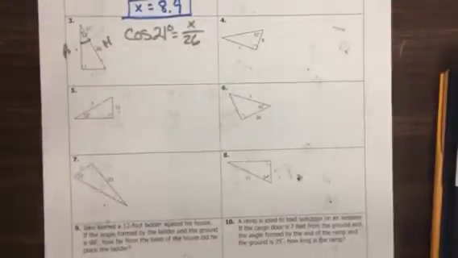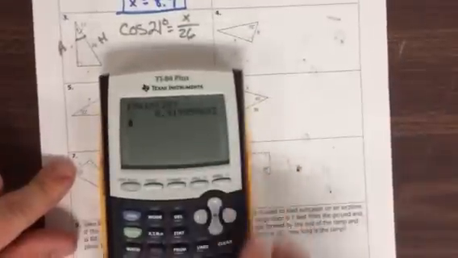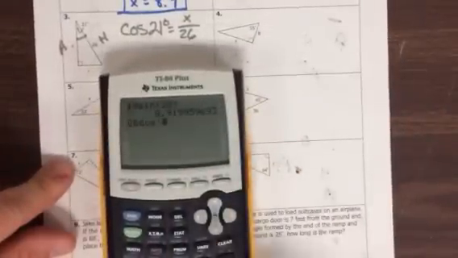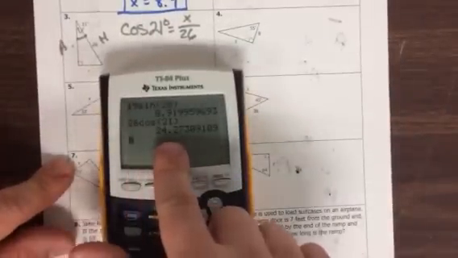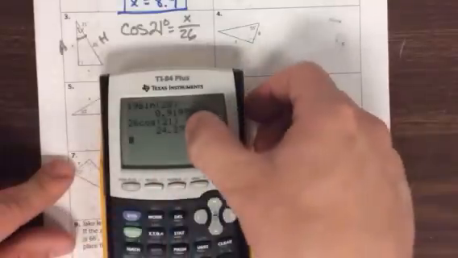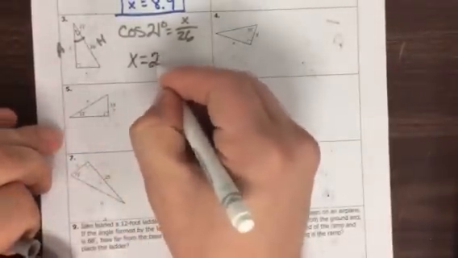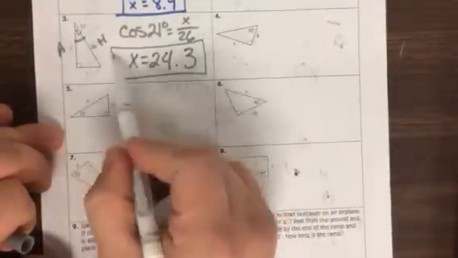Multiply both sides by 26. I would end up saying in my calculator 26 cosine of 21 degrees is 24.27. Rounded would be 24.3. So in this case, I know that x equals 24.3. And that would be my final answer.